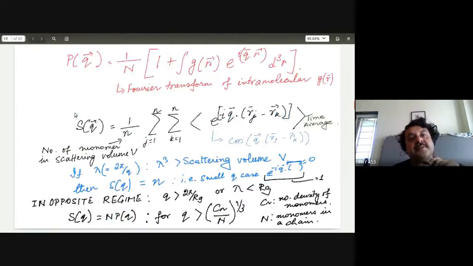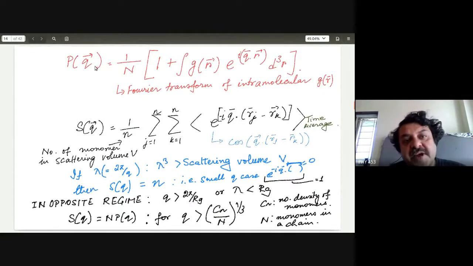It can be shown, and we will discuss this later in the statistical physics focus module, that P(q), the form factor, can be written as 1 by N, 1 plus the integral of the pair correlation function g(r) times e to the power i q dot r d3r.